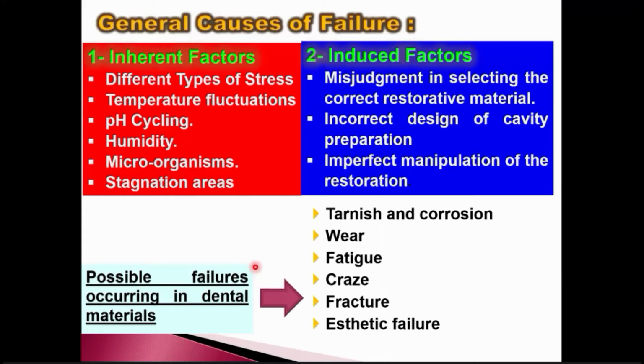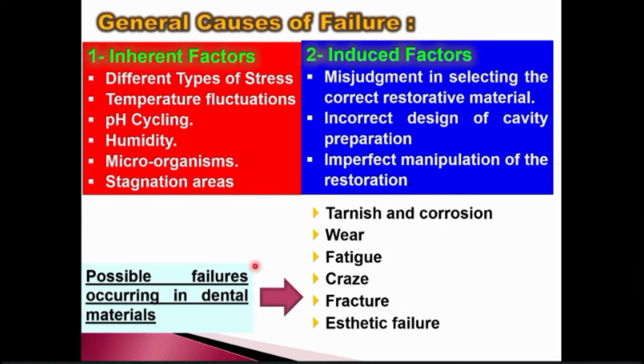Humidity, this is not a dry environment. They work in a humid, watery environment. So the life of restoration or any material is affected by humidity also. Microorganisms, bacteria, viruses, fungi present in the oral cavity, and then stagnation areas. We have certain stagnation areas like pits and fissures where there is more accumulation of plaque and more bacteria.